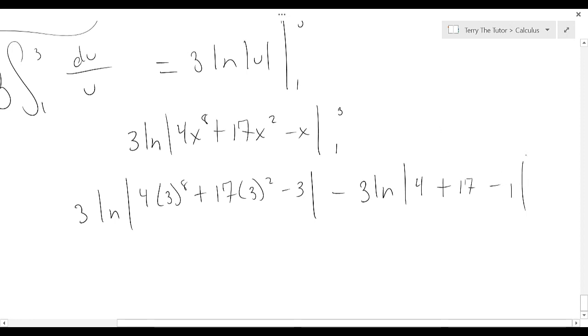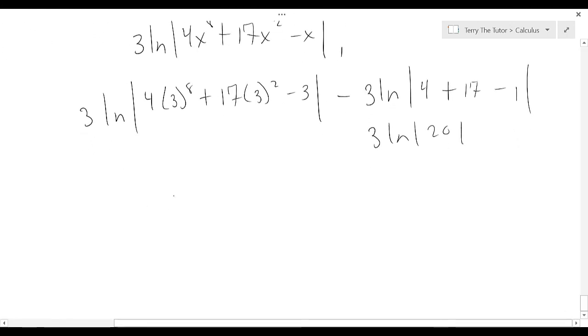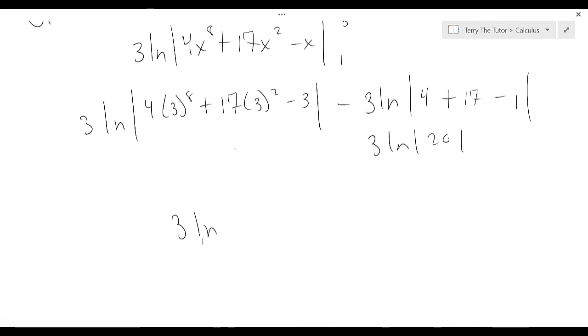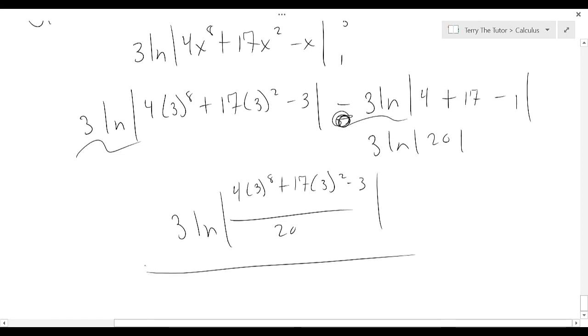Okay, that's going to be 20, 3 ln 20. Then we can simplify one more time. Because these are the same base, I'm going to use a property of logs to bring subtraction into division. So I've got 3 ln of 4 times 3 to the 8th plus 17 times 3 squared minus 3, over 20. And we're done.